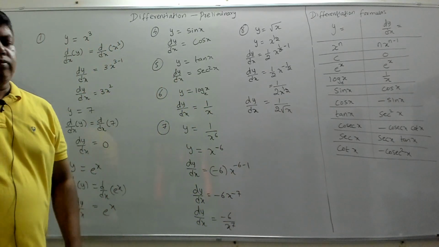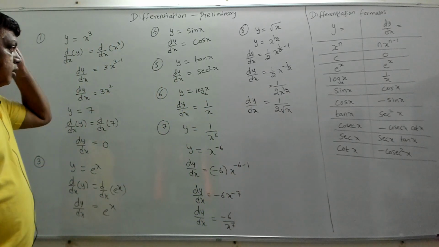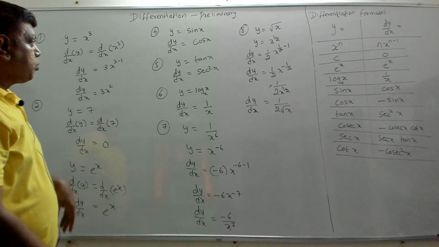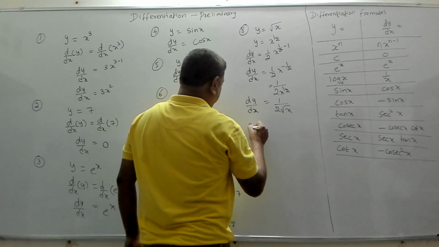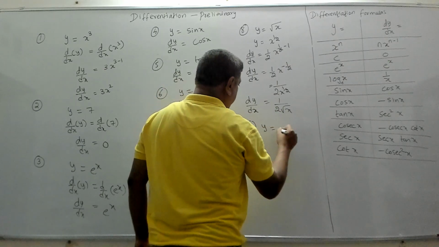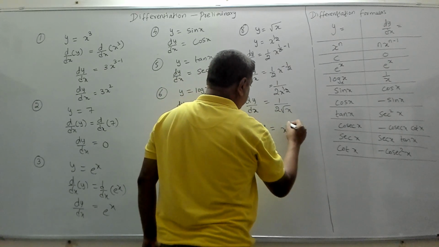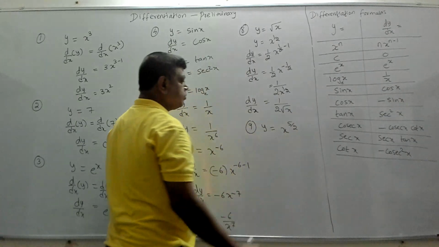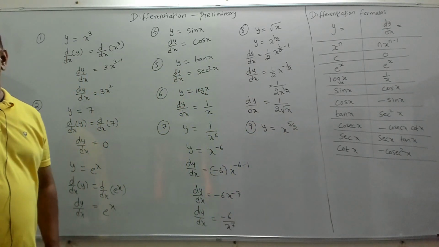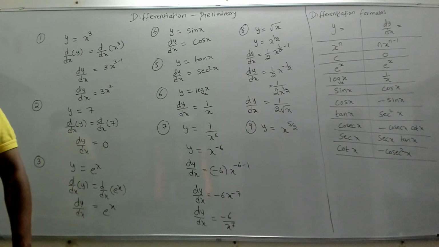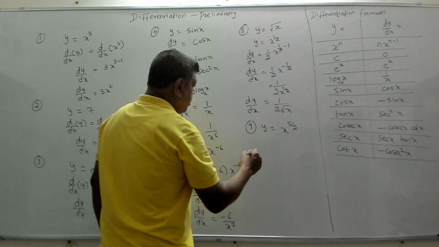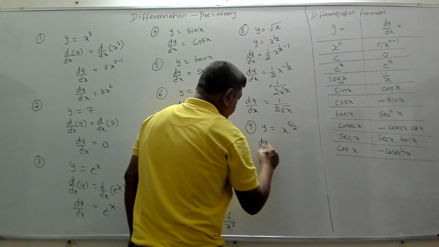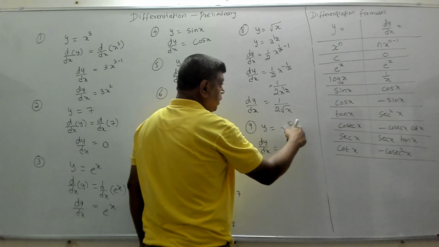Fine. So this covers some of the basic things. Probably we can do one more problem, right? So ninth one, suppose y is equal to x power 5 by 2, then what is our dy by dx? So our dy by dx will become, this is in the form of x power n, like this.